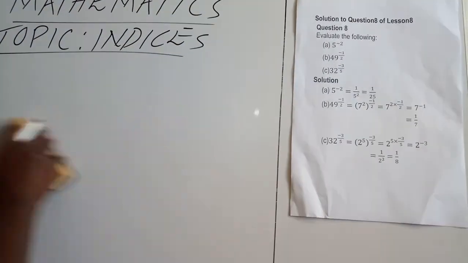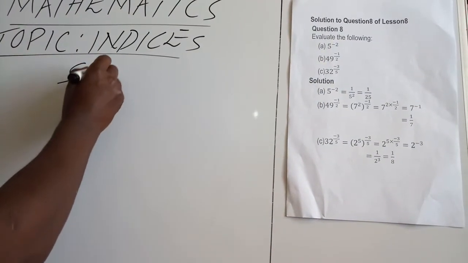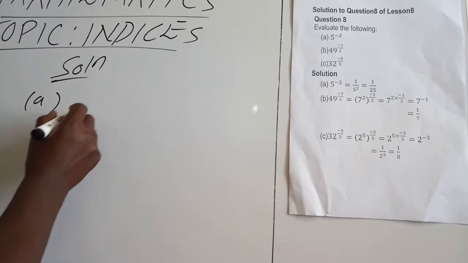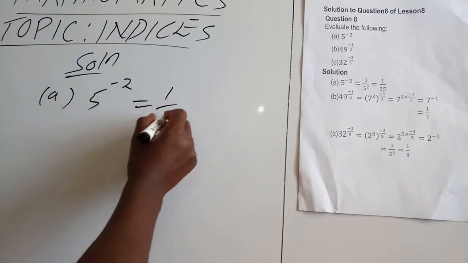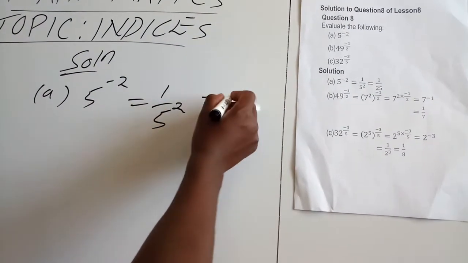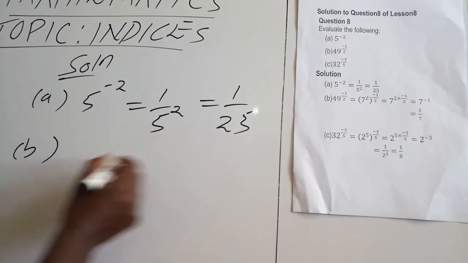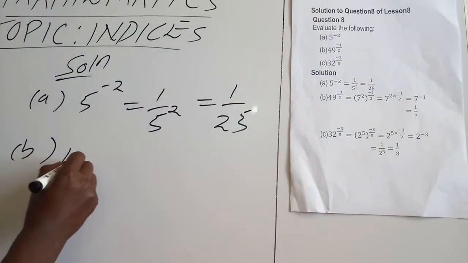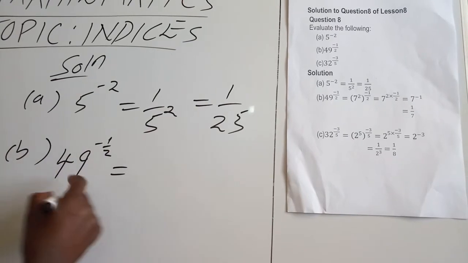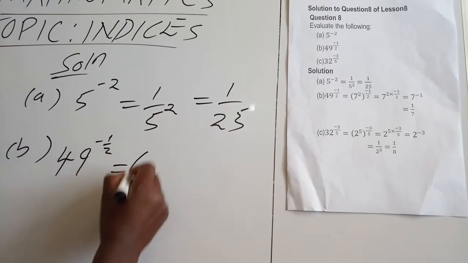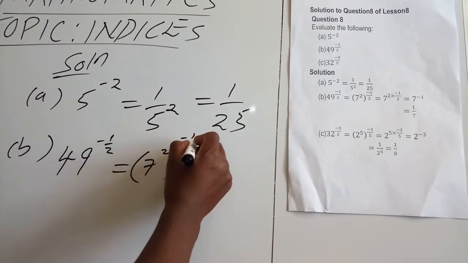So the question was, evaluate 5 power negative 2. So solution quickly. Part A will have 5 power negative 2 being equal to 1 over 5 power 2, which in the end will be 1 over 25. Part B, we had 49 to the power of negative a half. 49 is the same as 7 power 2 raised to that power negative a half.